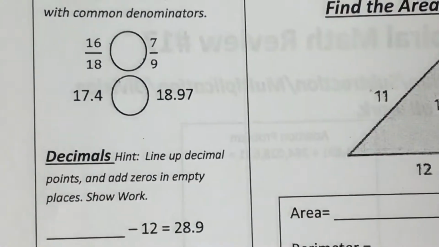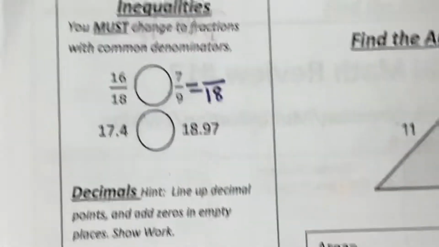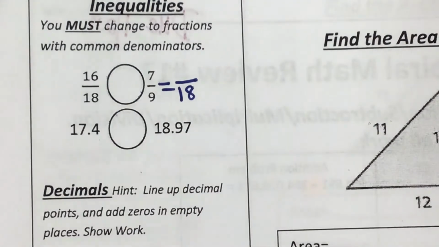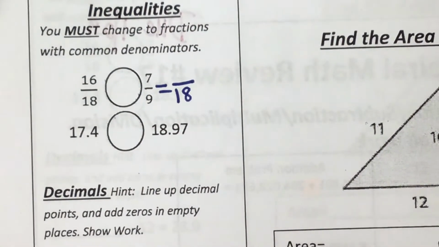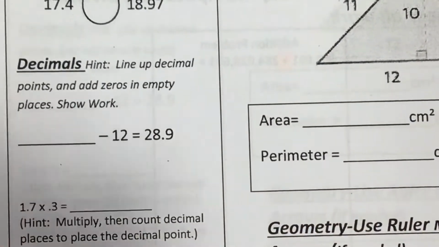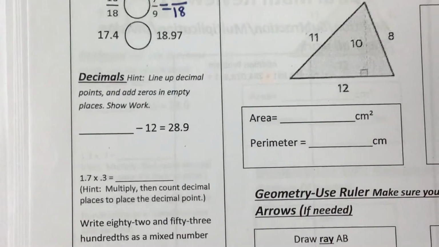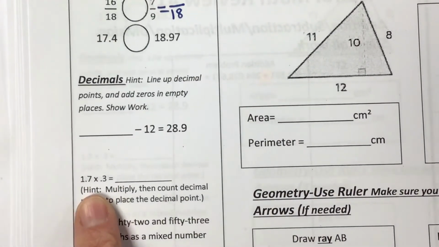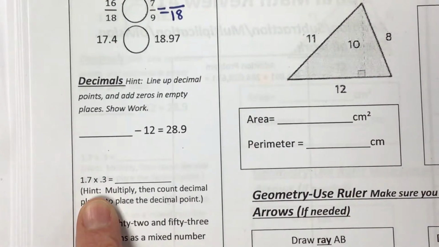Okay, something is going on because I wrote, there we go. I think I just was moving the paper. Okay, here, what minus 12 will give me 28 and 9/10? 1 and 7/10 times 3.